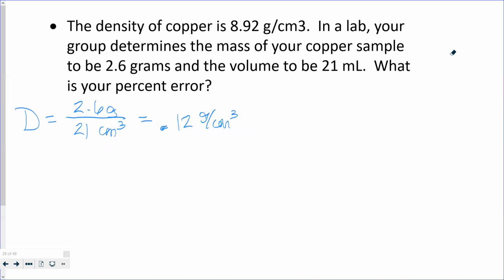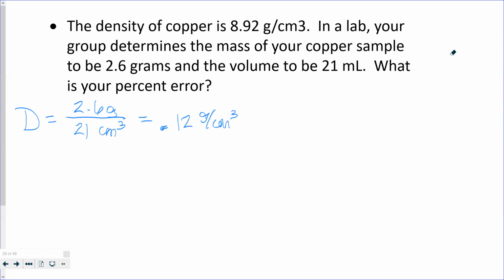Now, that is based off of our data. So we may have measured something wrong, but you can't go back and change your data. We would calculate our percent error using whatever value we have from our data. So it's possible that maybe our scale was not zeroed properly or something like that.